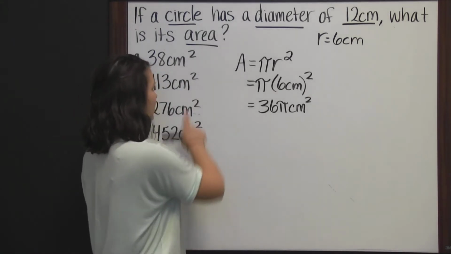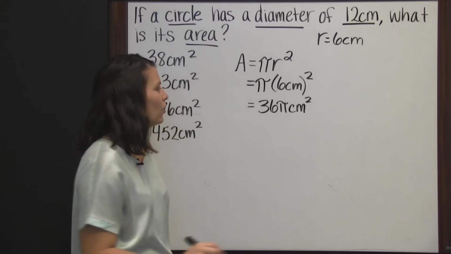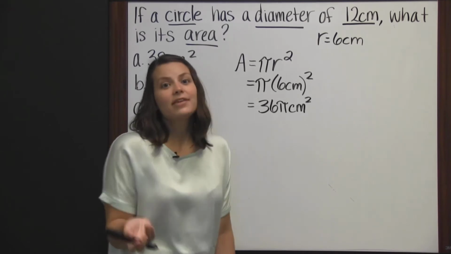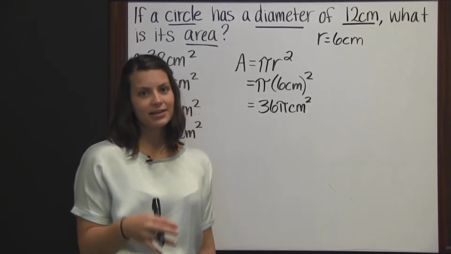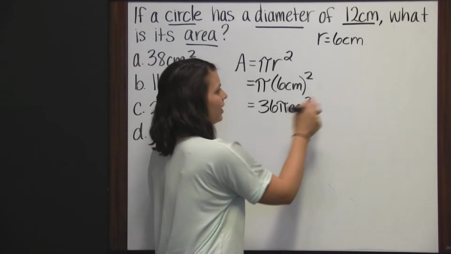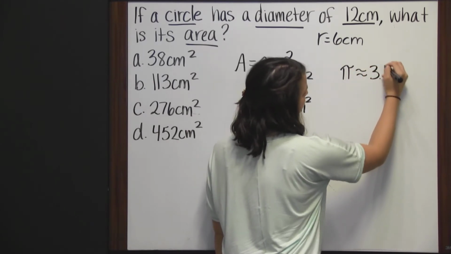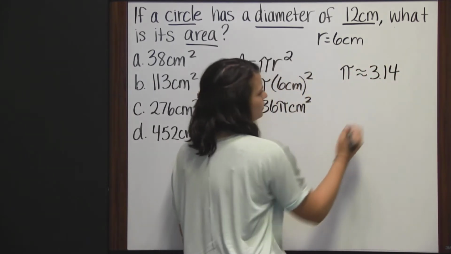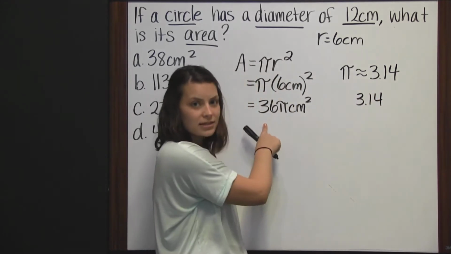So that means that these answers are multiplied times pi. If you have a calculator, then you can just multiply 36 times pi in the calculator. But if you don't have a calculator, then pi is approximately 3.14. So take 3.14 and multiply that times 36.